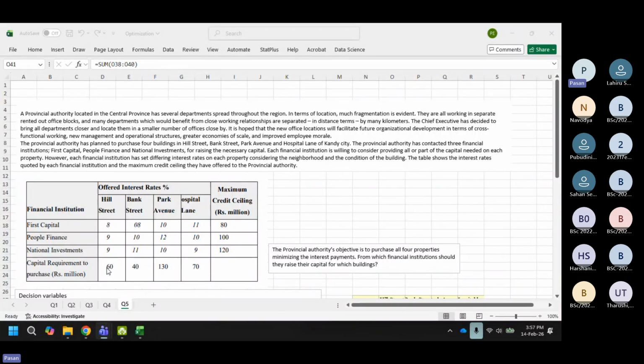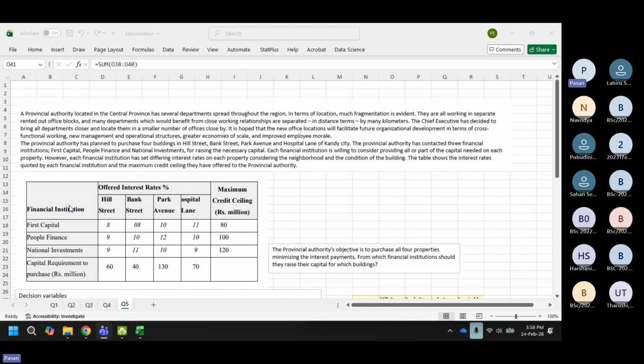One bank will not provide you all this amount, they're providing only some of it, so we have some restrictions. Based on those requirements, you can decide whether to go for all four places, or three, or two, or one. We have to identify what will be the best option.